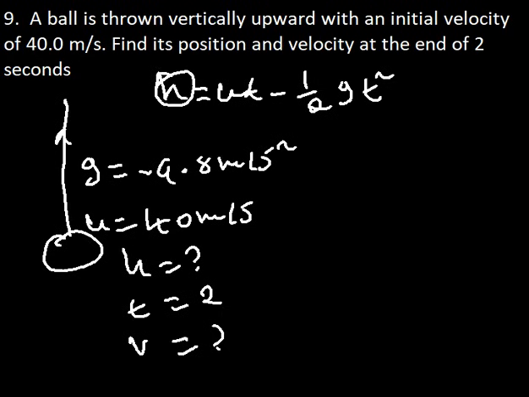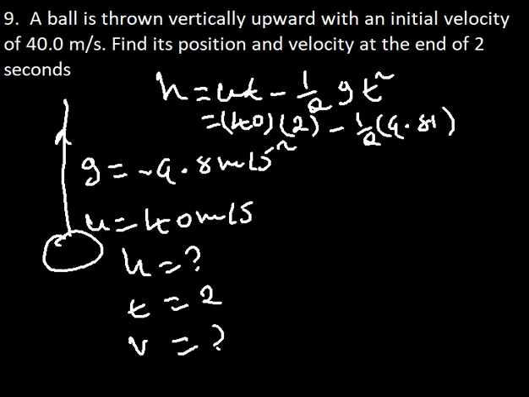We are looking for the height. We have the initial velocity, which is 40, and the time, that is 2, minus half acceleration due to gravity times 2 seconds squared, and we'll have the height.